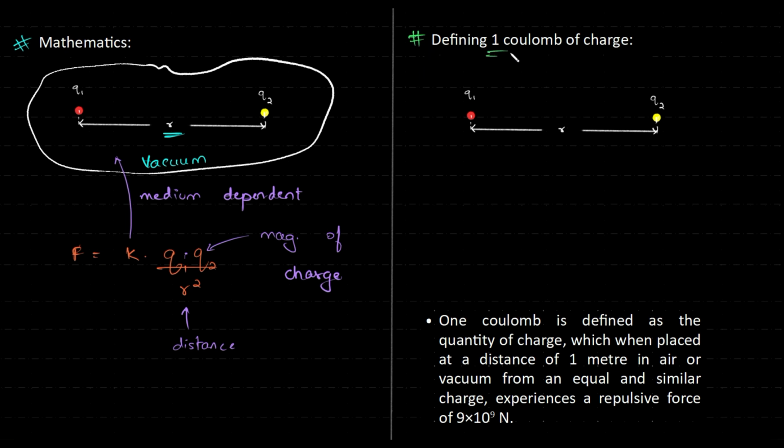That is, to define 1 coulomb of charge. Say we have two charges, they are said to be 1 coulomb when they are kept 1 meter apart. Again, we are trying to define a charge which is said to be 1 coulomb. Say we have two charges which are 1 coulomb and they are 1 meter apart and kept in vacuum.